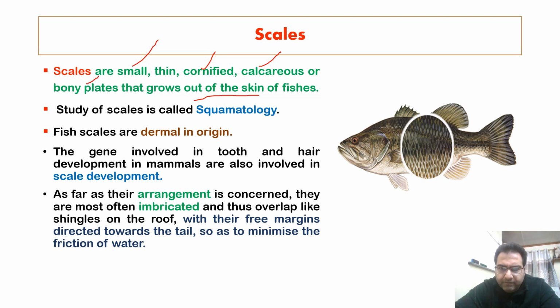Different fishes have different kinds of exoskeleton, or scales modified as cornified, calcareous or bony plates that grow out of the skin. The study of these scales is called squamatology.